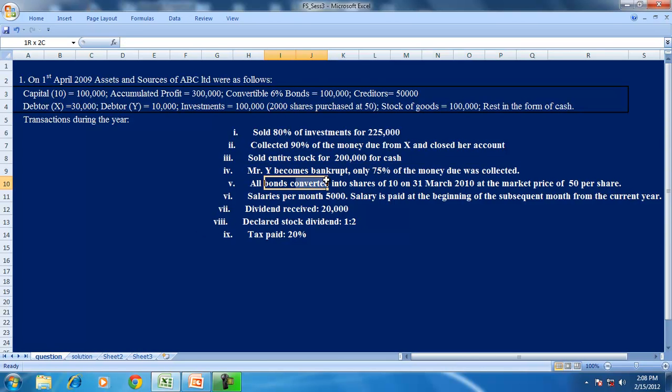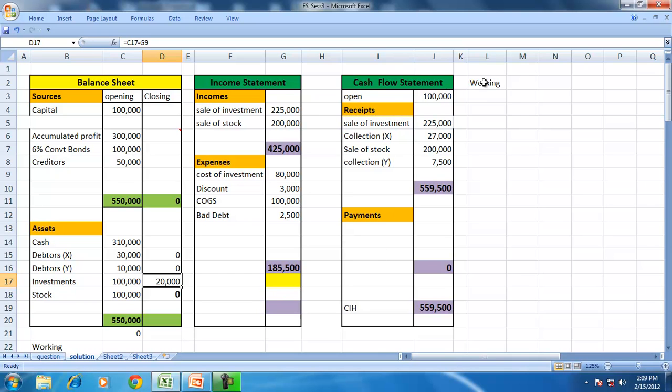Then all bonds were converted into shares on 31st March at the market price. So let us do a working. The convertible bonds are 100,000, to be converted through issue of shares.